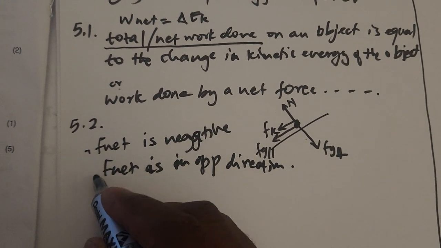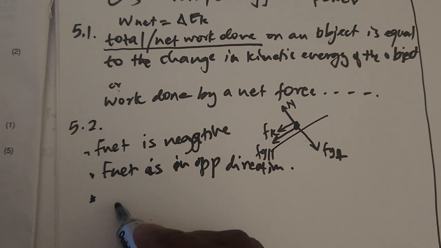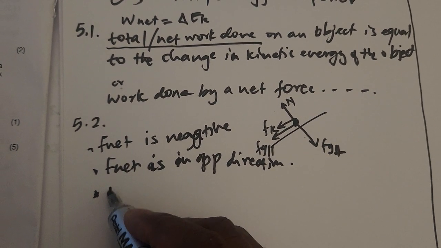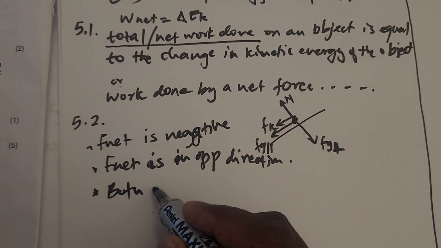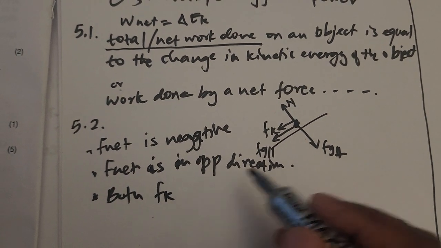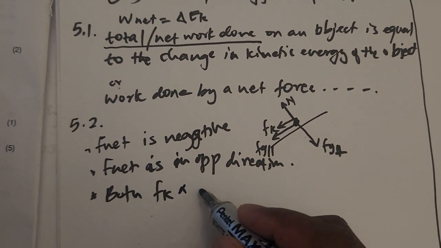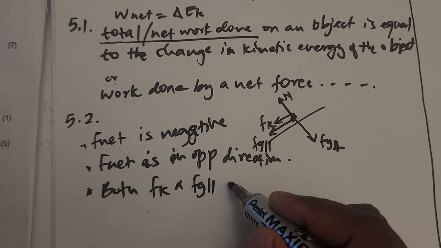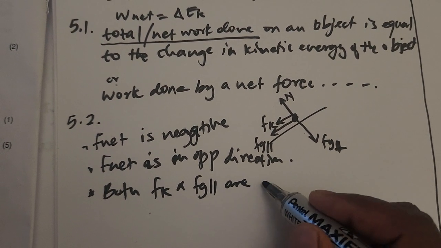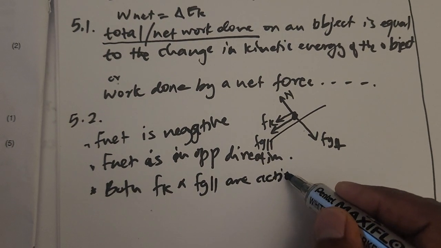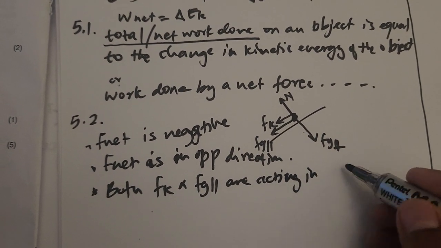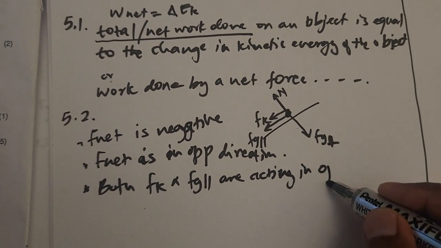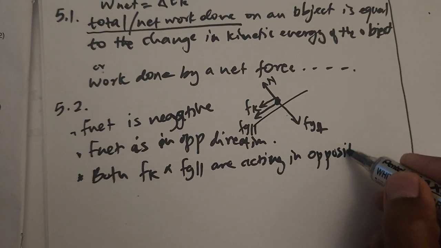Or you can say, there are many here, you can say both friction, or just say FK, and FG parallel or W parallel are acting in opposite direction. That will also be correct.